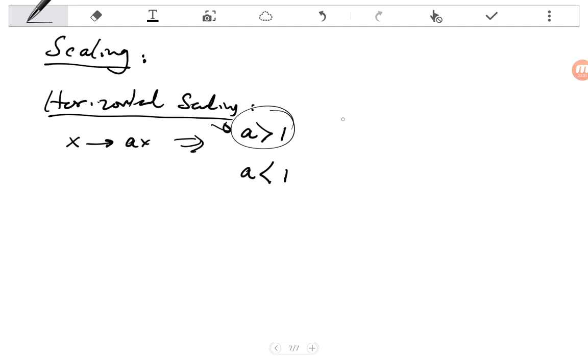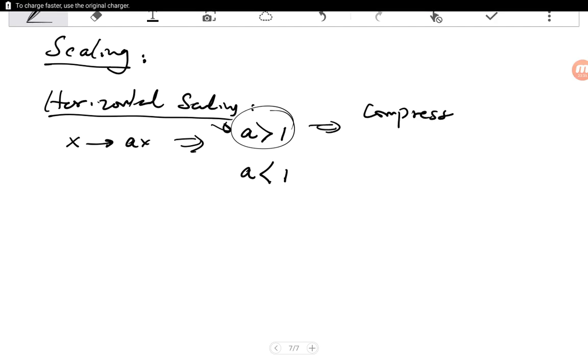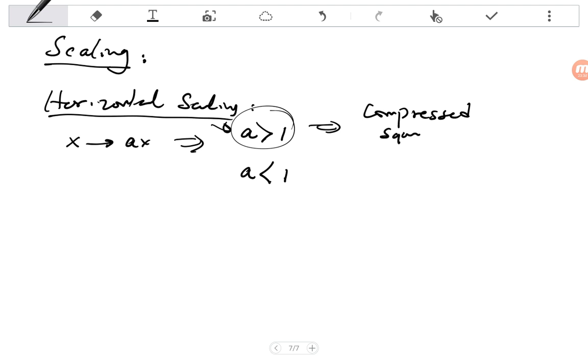So it will be compressed or squeezed. Now if a is less than 1, it will be dilated, or expanded.